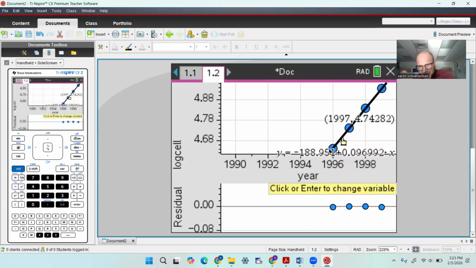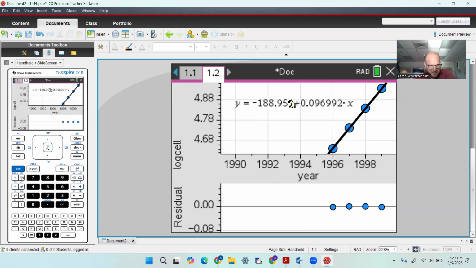And it seems to keep it. I now have a different equation. What I have is not y versus x.